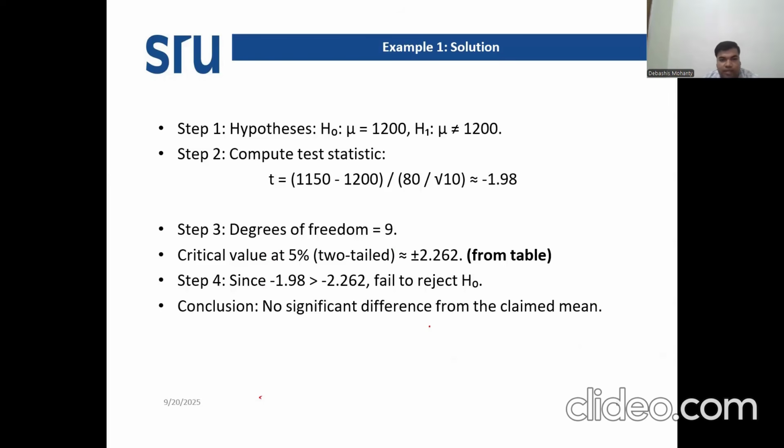If it is lying, we fail to reject the null hypothesis. Obviously, it is lying. So we fail to reject the null hypothesis, as minus 1.98 is greater than minus 2.262. So we fail to reject the null hypothesis H naught.